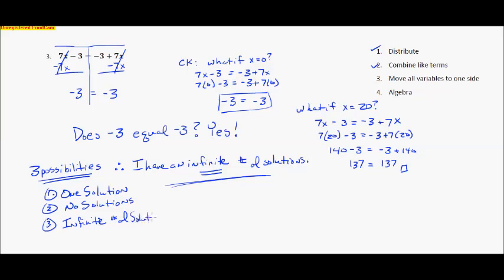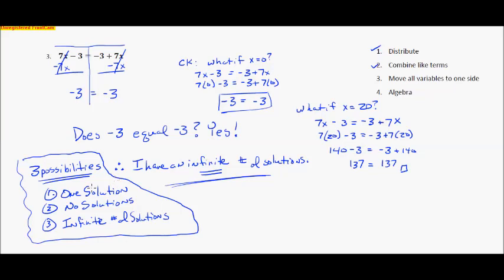So when we say classification of solutions, this is what we're talking about. We could have an equation that has one solution, no solutions, or an infinite number of solutions. So we're classifying it according to the number of solutions that you have. I may give you problems, and I may not even ask you to solve for x. I may just ask, what kind of solutions are there?